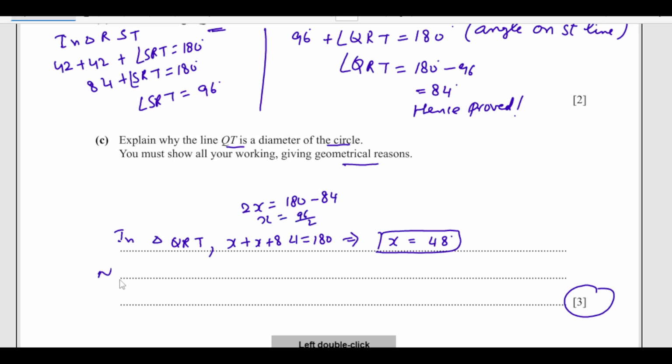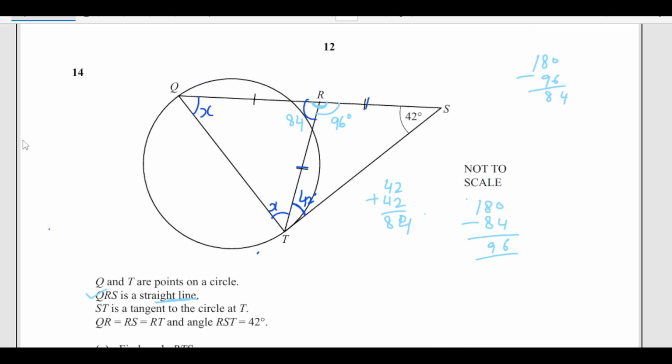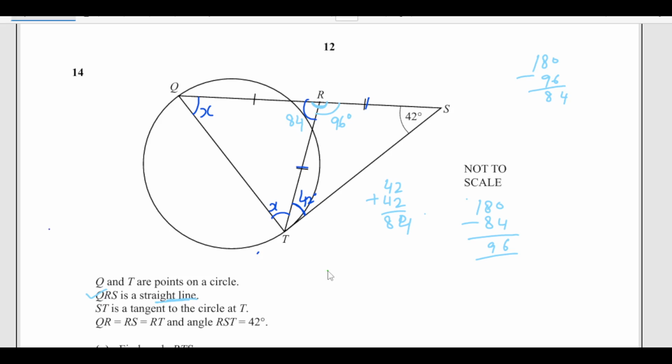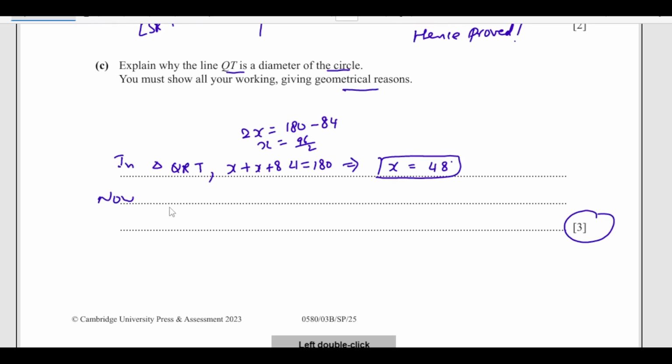So now after that you can write down that angle Q plus angle S is 90. So angle Q plus angle S, this angle Q plus this angle S. So Q is x, which we got just now, 48, plus 42, and if you add them they become 90.